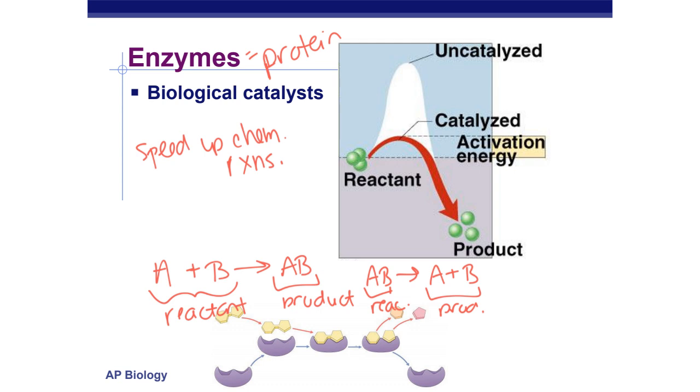If you look at this graph here, the reactant going in versus the product coming out, you can see there's this portion here called activation energy. Activation energy is the energy that is required to essentially get the chemical reaction going.